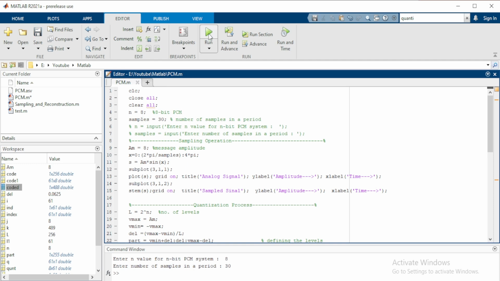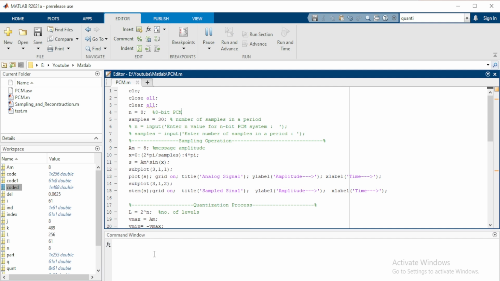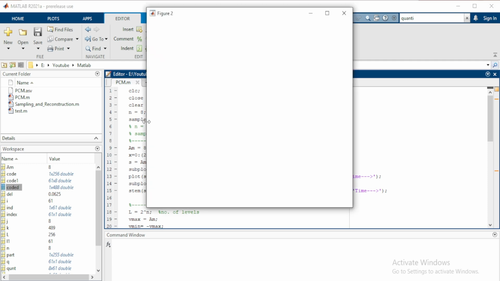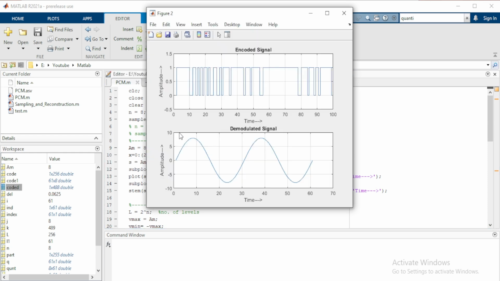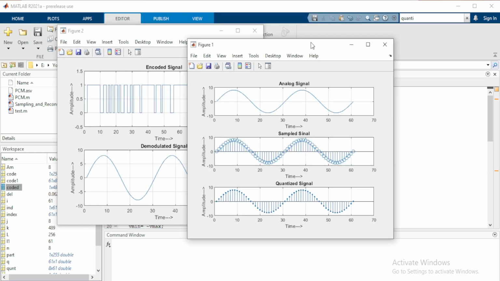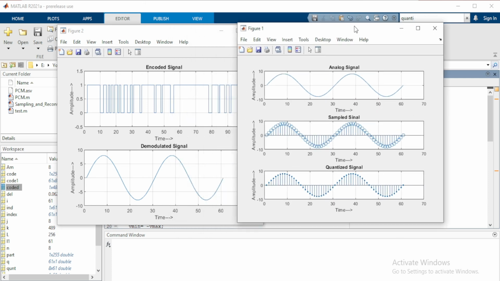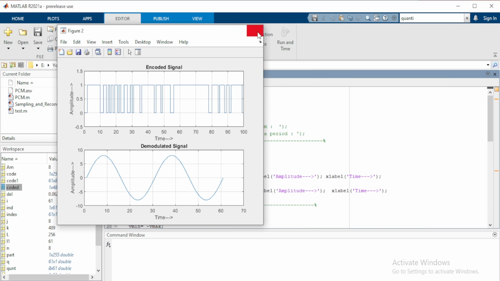When you run this program, it will not ask you for any prompt; it directly takes n equals 8 and the number of samples per period equals 30, and you will get a similar result as in the previous one. That is, the message, sampled, quantized, encoded and demodulated signals. So this is the PCM encoding and decoding using the MATLAB code.